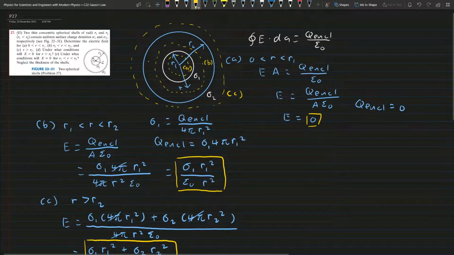Now let's see D. Under what condition will this E be 0 for R bigger than R2?